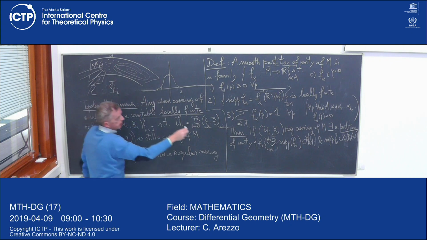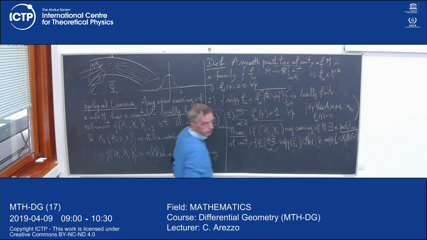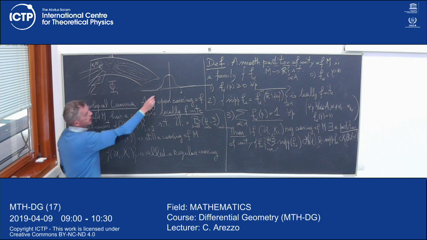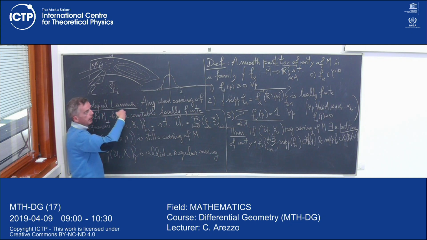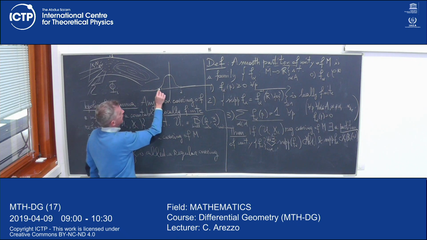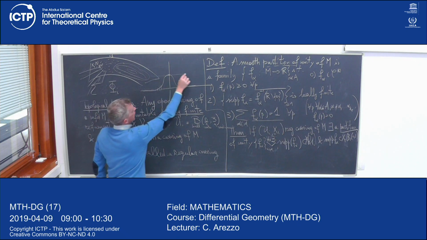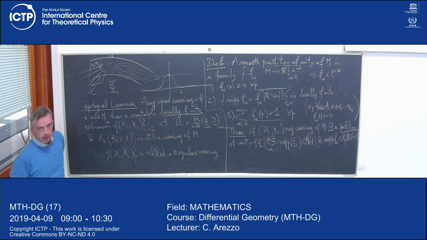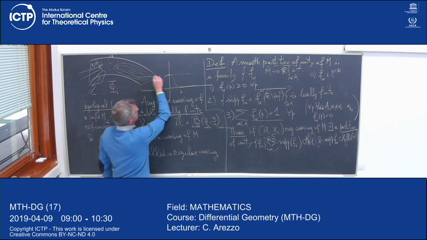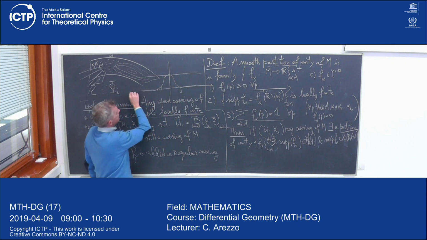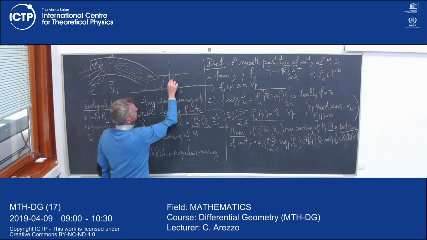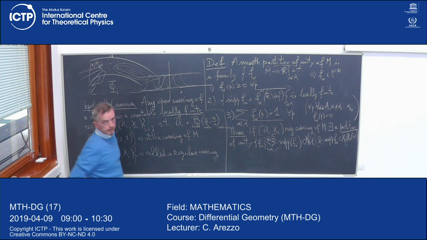In fact, there has to be, because otherwise this is not true. Okay? So the points belonging here, they will belong also to some other charts of this form. And there will be another function which will try to push this one up to 1. Okay? So I'm writing the constant function 1 as the sum of all these kind of strange things. Okay?